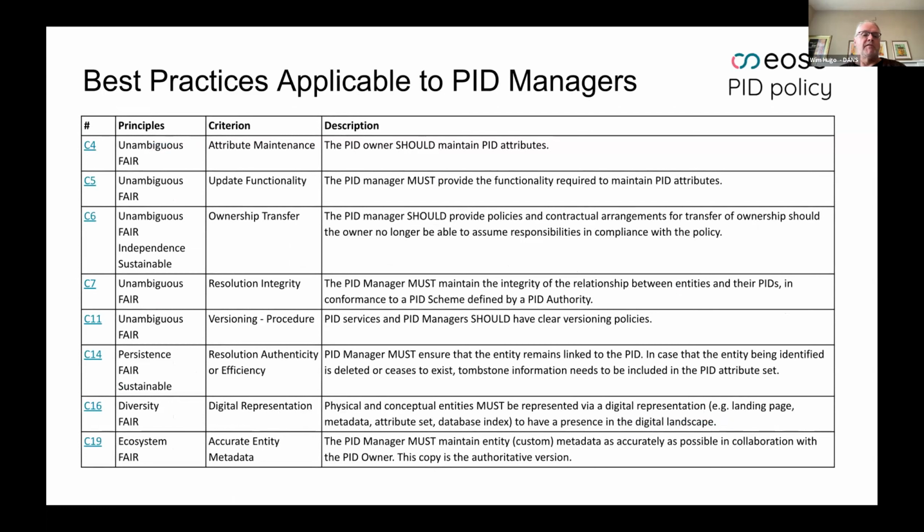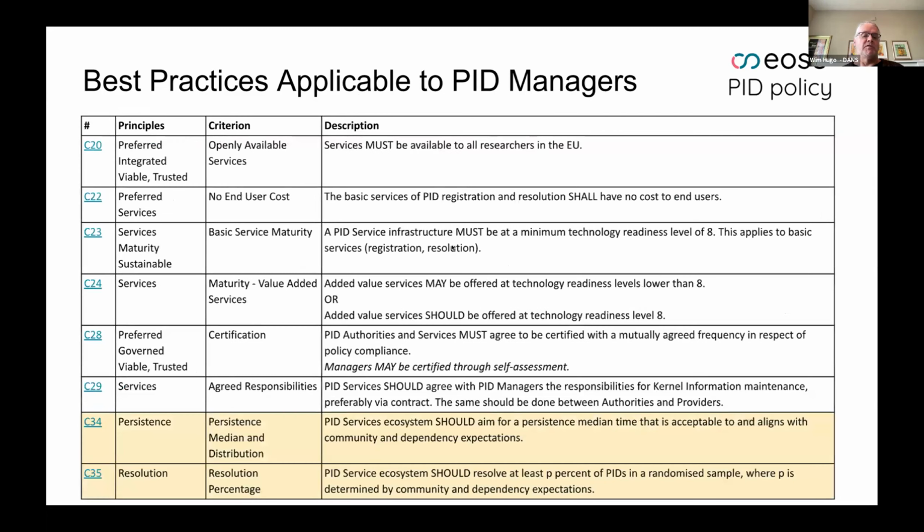So they refer to things such as attribute, maintenance, update functionality, the ability to transfer ownership, resolution integrity, and so on. And then on the next page, the balance of them, together with at the bottom there, the two criteria that we have proposed to the task force to include that deal directly with measurable persistence and resolution.